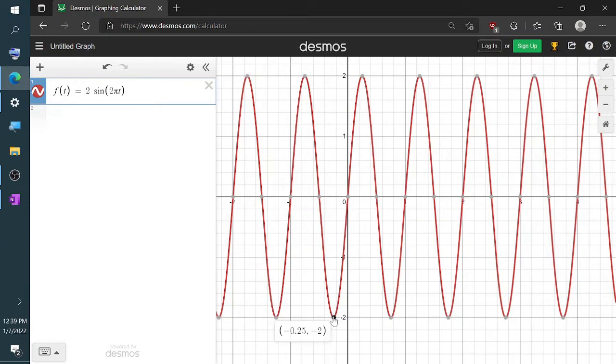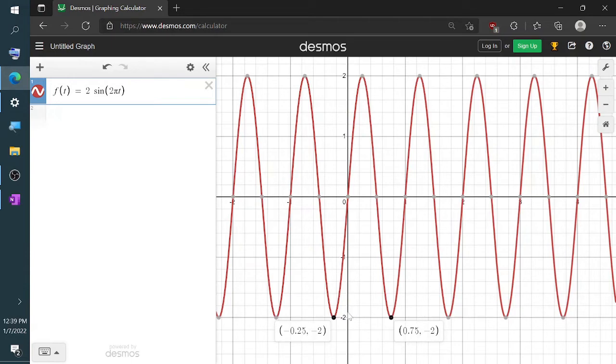That way this minimum point will end up at time t equals 0. But there are lots of other different shifts that will also work. Another way to move one of the minimum points toward t equals 0 is to shift the graph by 0.75 units to the left. That will move this minimum point over to the y-axis.